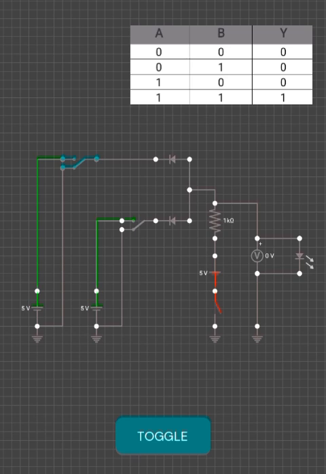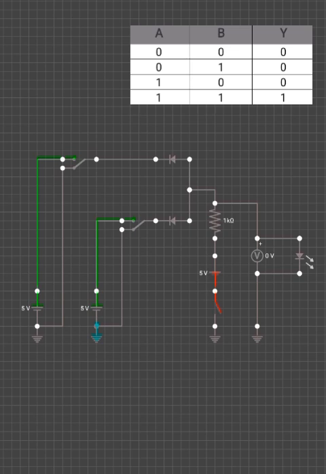And on my diode B, I have another two-way switch attached to it, which also goes from high to low, 1 to 0. On my diode 1, I have a 5-volt DC battery and another 5-volt DC battery on my diode 2, all of which are connected to the ground.